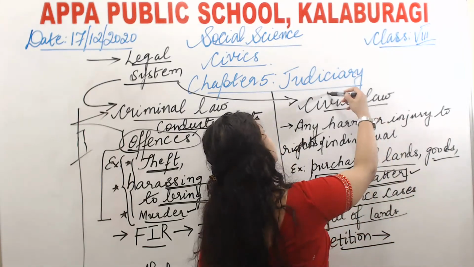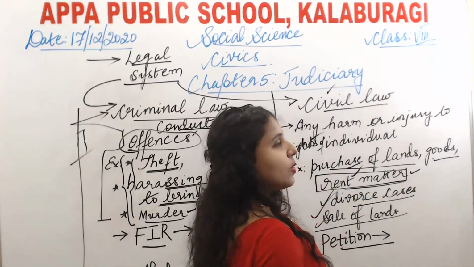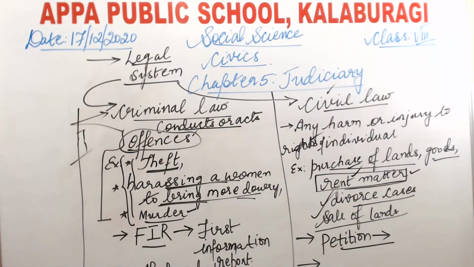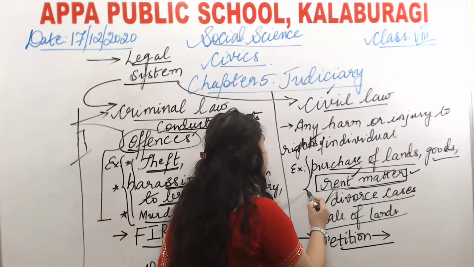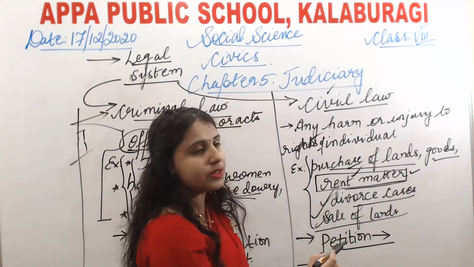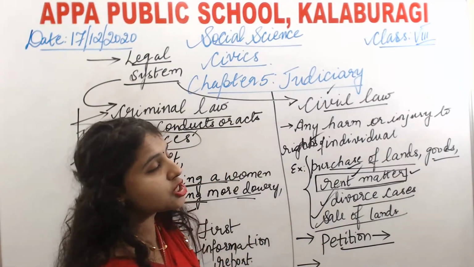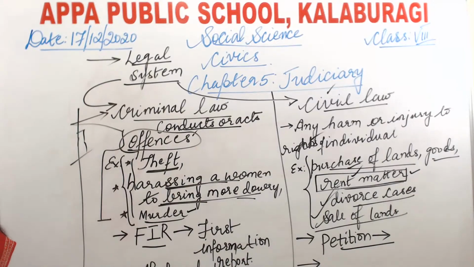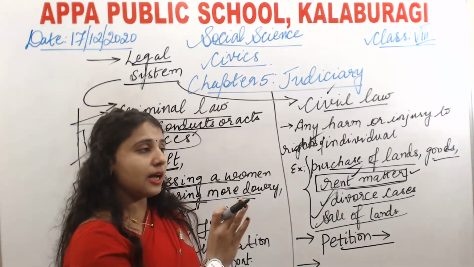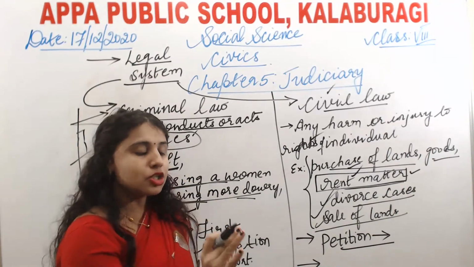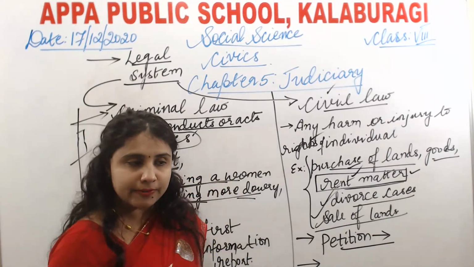Civil law deals with all these things. A petition has to be filed before the relevant court. If there is a dispute in any one of these cases, the concerned party should file a petition in the relevant court.